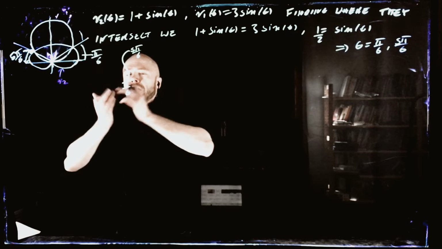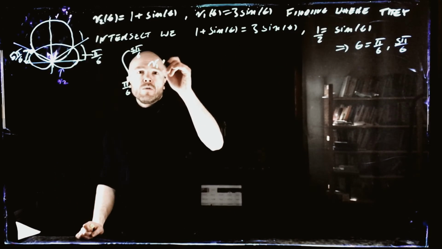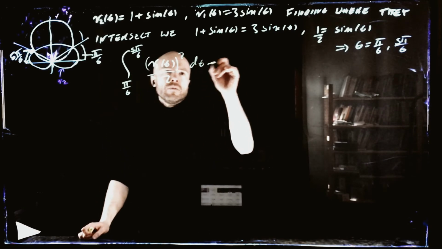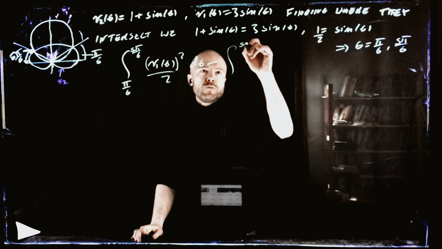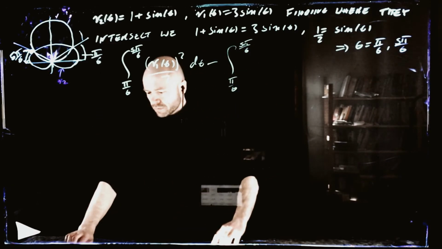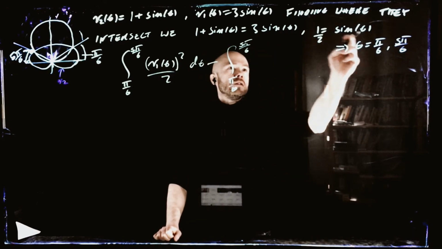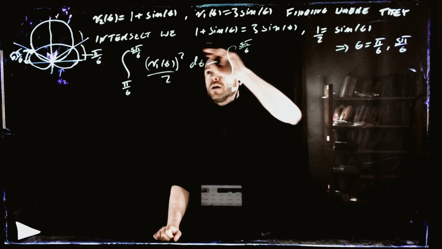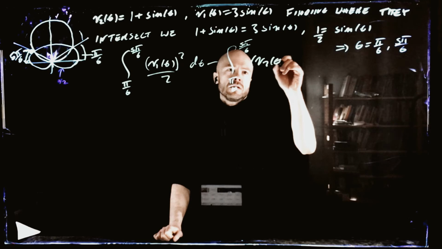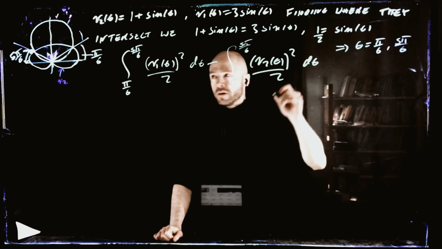So if we do this very, very carefully, we would write the outer function, which is the circle, r1 of theta squared over 2 d theta, from pi over 6 to 5 pi over 6, minus the inner function, which is R2, the cardioid, squared over 2, like this. That's what we would do, right?